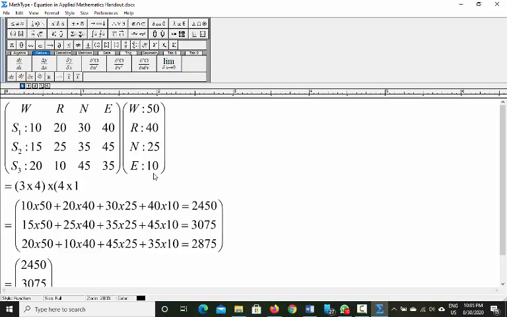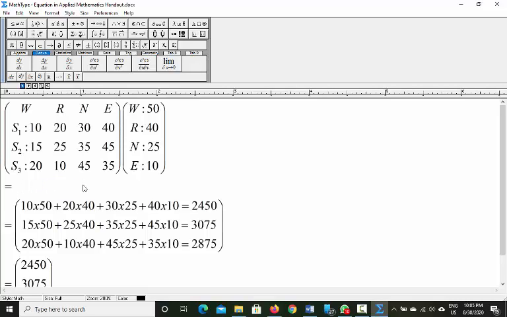So that means we can multiply, because the number of columns in the first matrix is matching with the number of rows of the second matrix. If you multiply, these will no longer be there. So we will have a 3 by 1 matrix, that means 3 rows and only 1 column. So multiplication is possible.